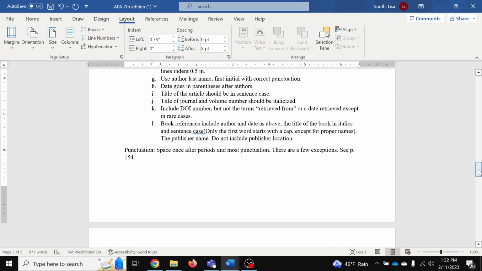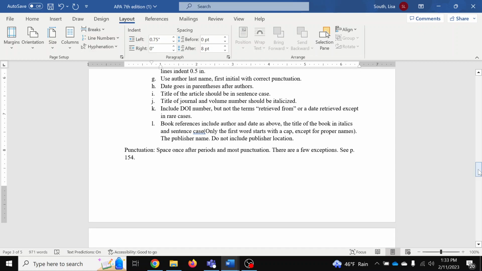For book references, a journal is a book, so we italicize the name of the journal. A book is a book, so we italicize the name of the book. It's in italics, and it should be sentence case. Only the first word starts with a cap, again, except for proper names. Some books are named after their author or their former authors.